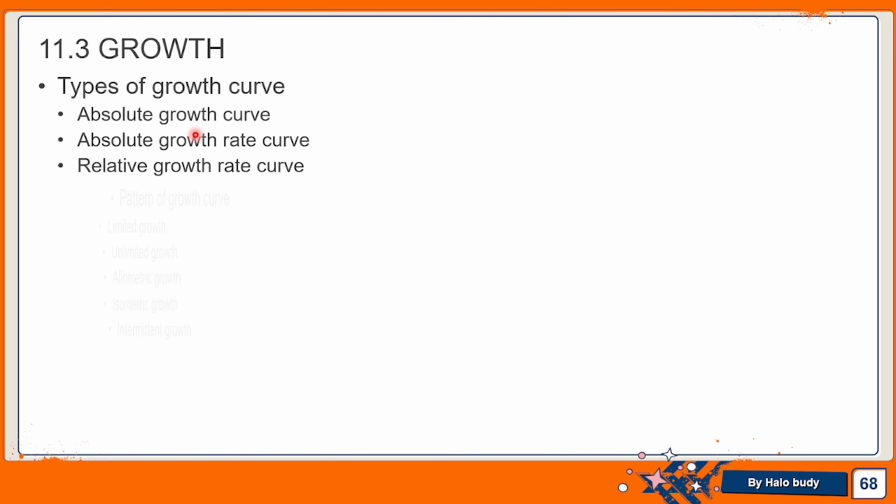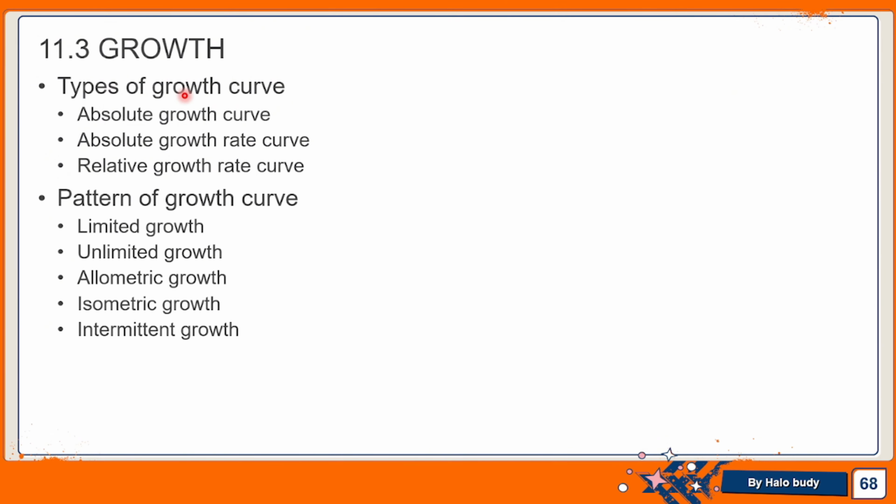And also you need to not confuse the type of growth curve and the pattern of growth curve. The majority of students at that time were also very confused. What is the type? What is the pattern? So types, there are only three types. So in examination, please read the question carefully. They require you to explain either the type of growth curve or the pattern of growth curve.